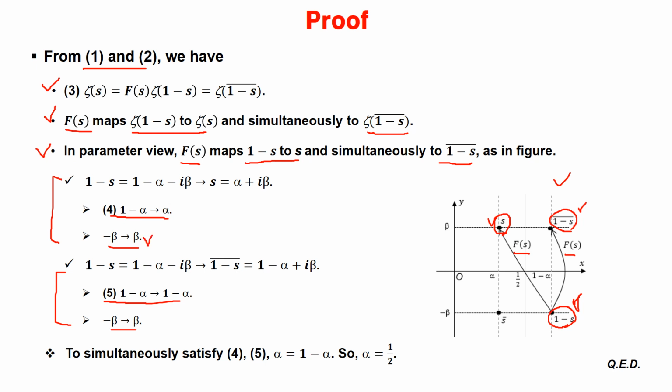This one is the same, but 4 and 5 differ from each other. So to simultaneously satisfy 4 and 5, these equations should be satisfied. So alpha should be 1/2.